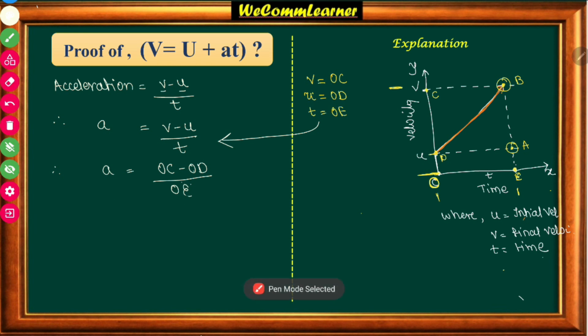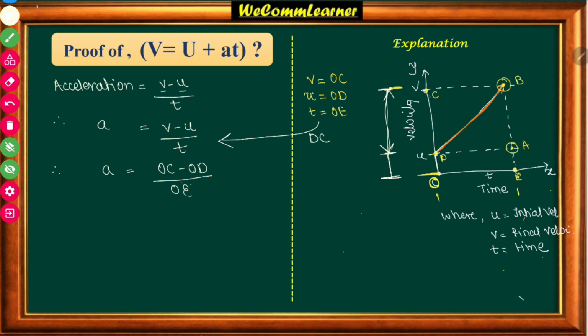If you want to see that in the structure, OC minus OD gives us DC. And what is DC?